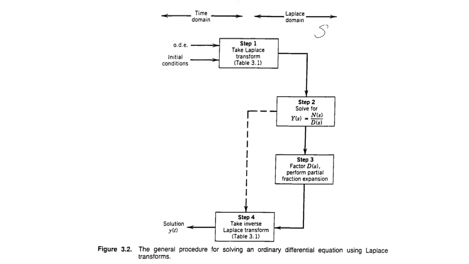Based on first principles, we can develop some sort of ordinary differential equation in the time domain, with some initial conditions based on the constraints of our systems. We can use Laplace transforms to take these from the time domain to the Laplace domain.